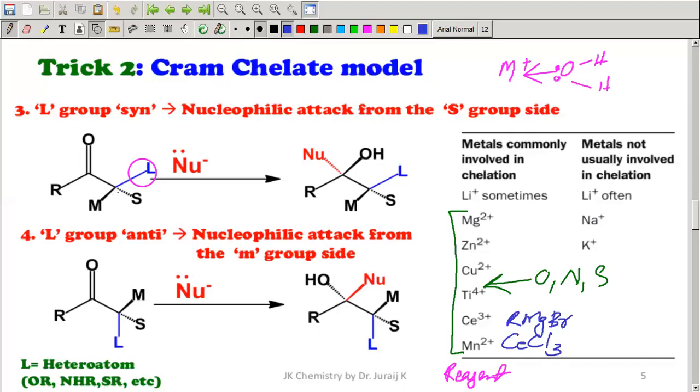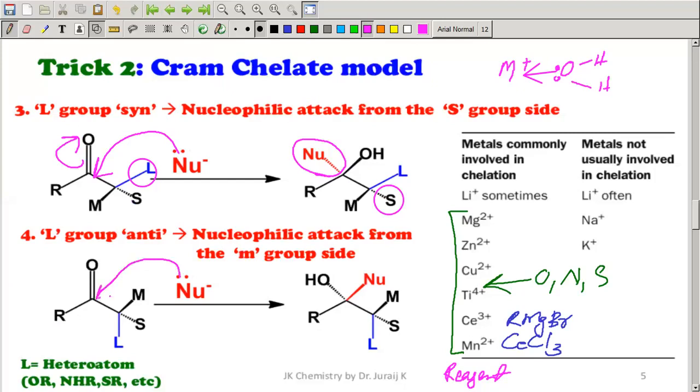Okay, right. If you apply trick 1, where your large group is syn with your carbonyl functional group, then the nucleophilic attack takes place from which side? Your smaller group side. Here the smaller group is in dash, your nucleophile will be in the position of dash. That means bottom face. Now, if the large group is anti with the carbonyl group, what will happen?